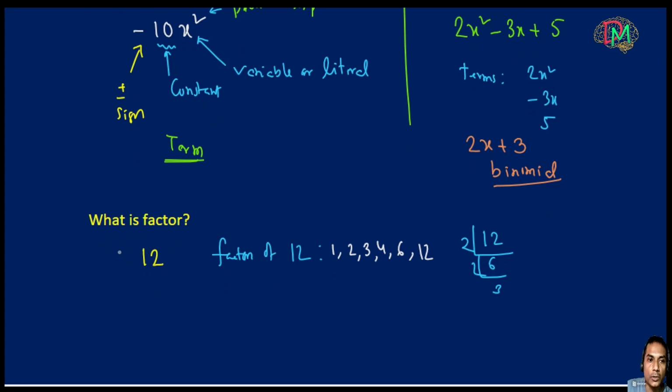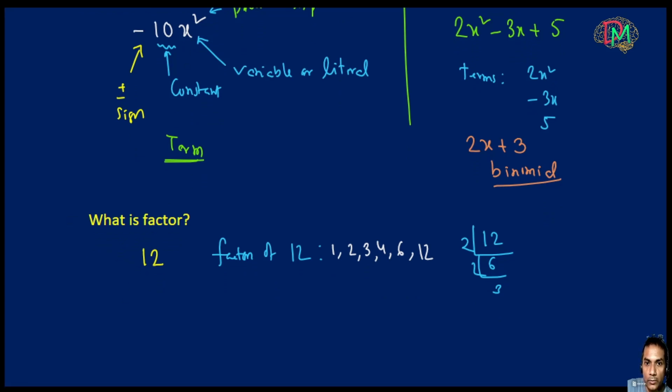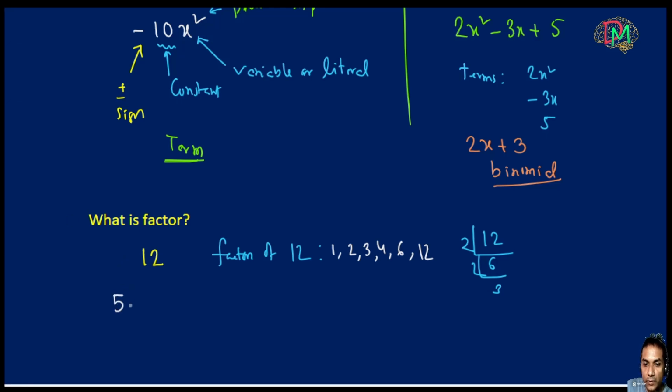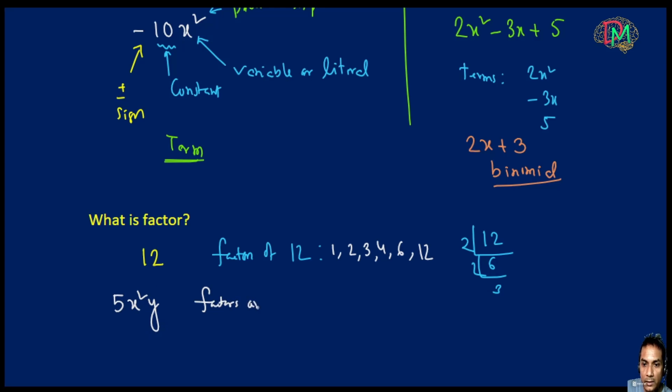if I ask what are the factors of the algebraic expression 5x square y, so what are the factors? Factors are 5, x, y, and here also 1.